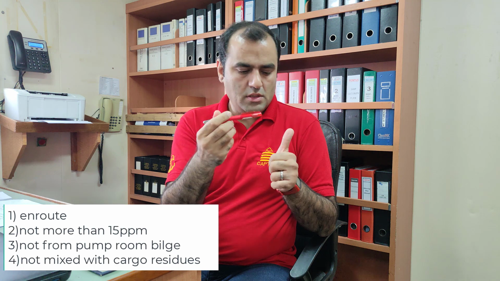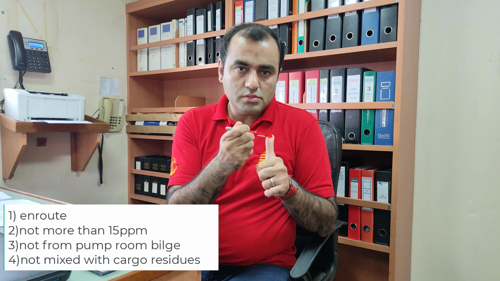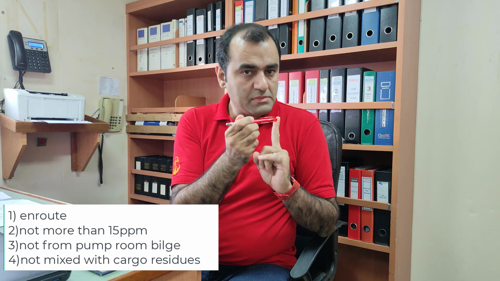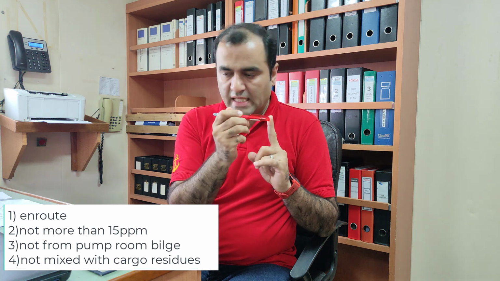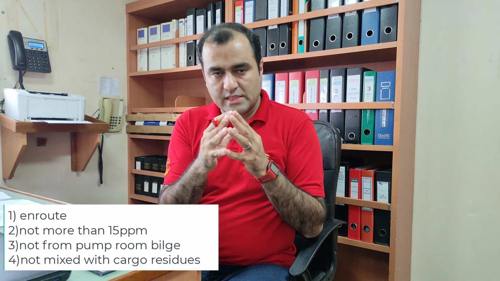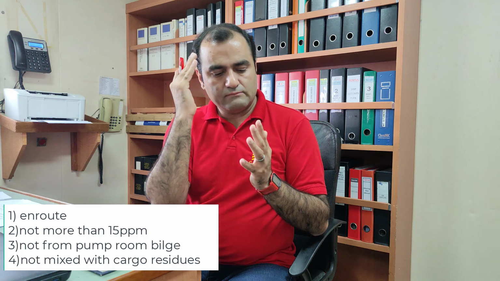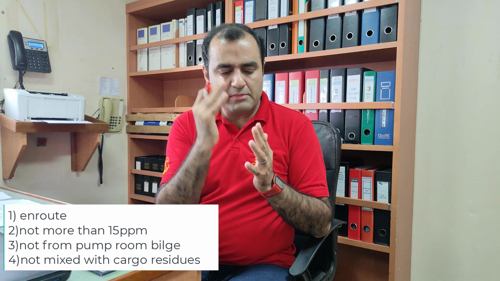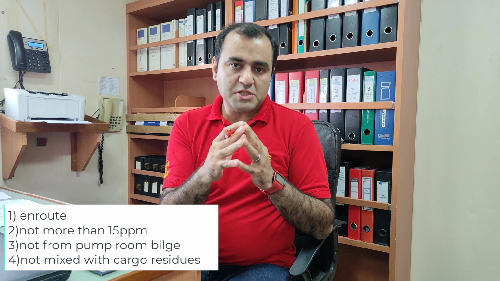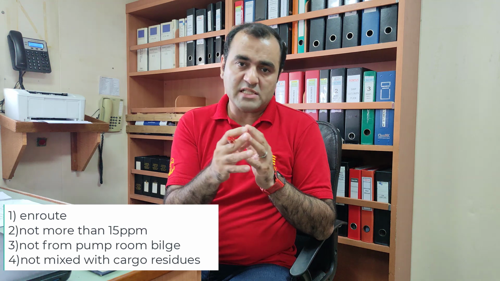And it says, you shall fulfill these requirements. You shall be en route. You shall have a 15 ppm system. It means some type of approved system you should have on board, approved by your administration, that makes sure the content of the oily mixture you are going to discharge will not pass 15 ppm.